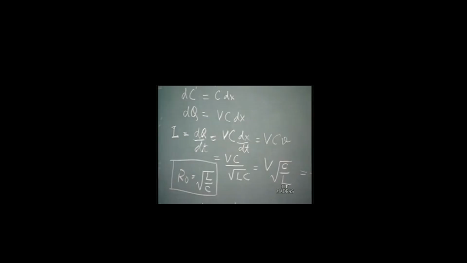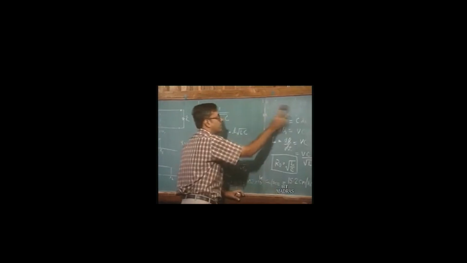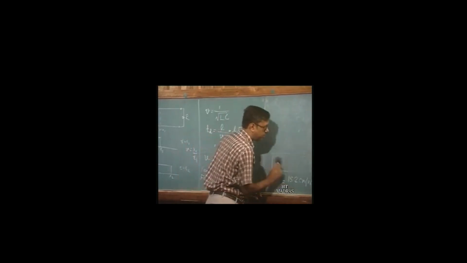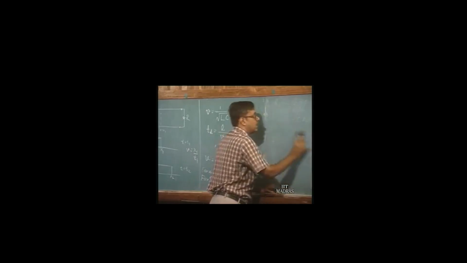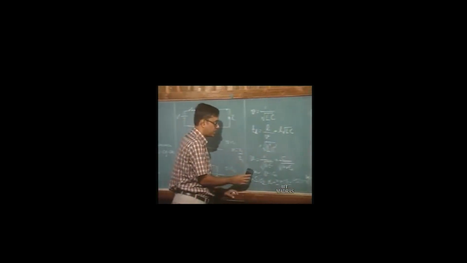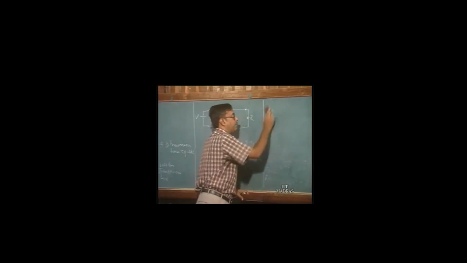With the help of this analysis, we shall now see the effect of the transmission line on the performance of the integrated circuit, on the signals which are to be transmitted from one point to the other.